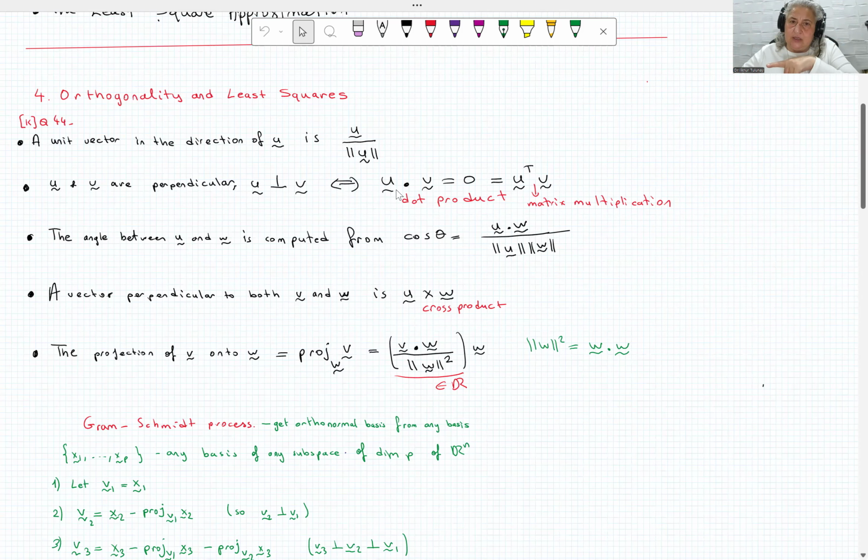Be careful with your notation, because if you put the dot here, it represents a dot product, but we have nothing here. If you put a dot here, it is an illogical step because it is not a dot product. A row vector multiplied with a column vector as a dot product does not make sense, because the dot product is defined with row or column vectors of the same type.